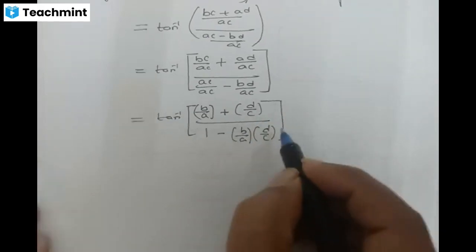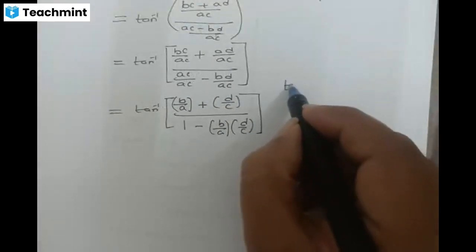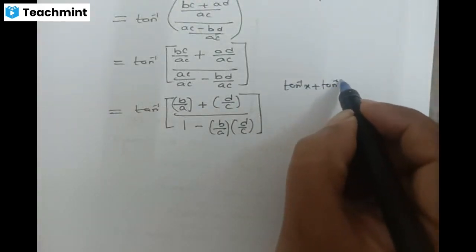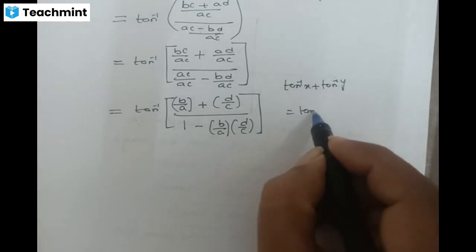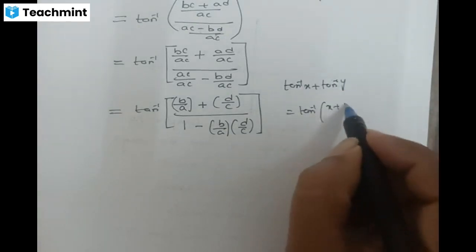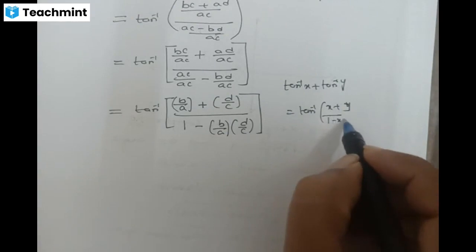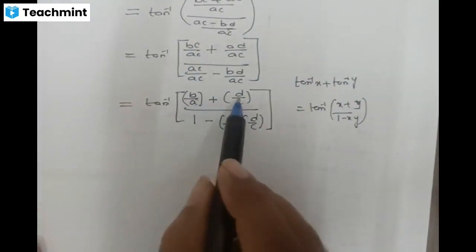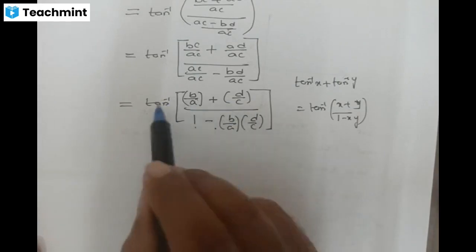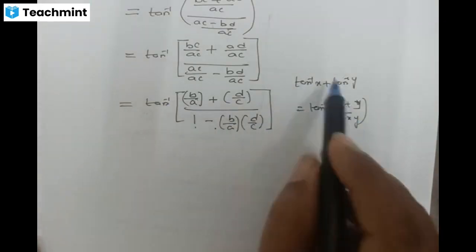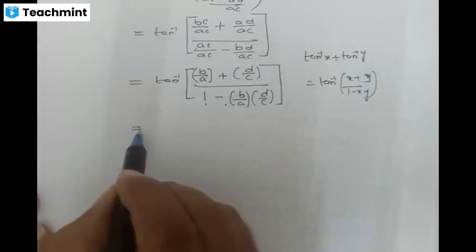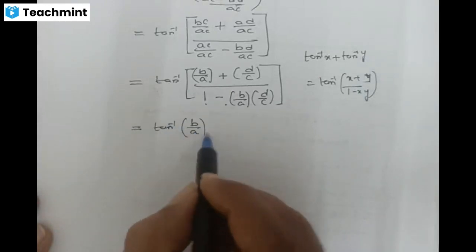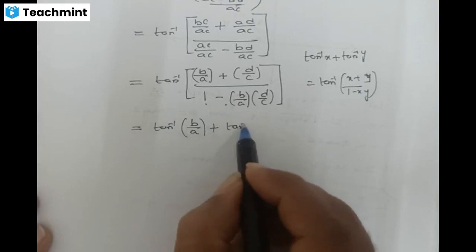It looks like we have one formula: tan inverse x plus tan inverse y equals tan inverse of x plus y by 1 minus xy. Using that we can write tan inverse b by a plus tan inverse d by c.